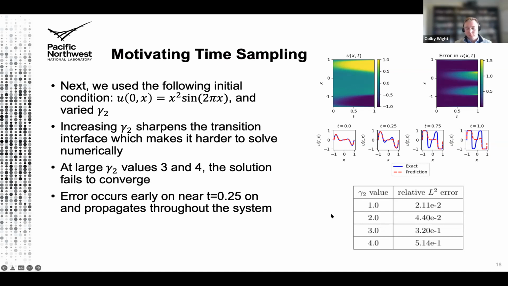But with larger parameters, say 3 and 4, we were unable to get the solution to converge, even with these sampling in space approaches. And for gamma equals 4, the error occurred early on at t equals 2.5, and then propagated throughout the solution.